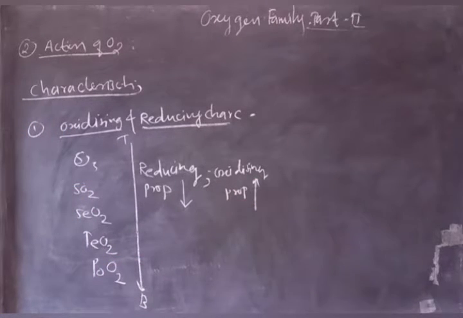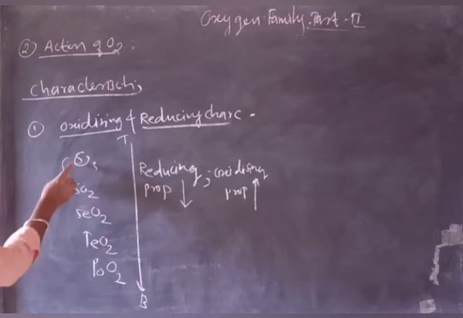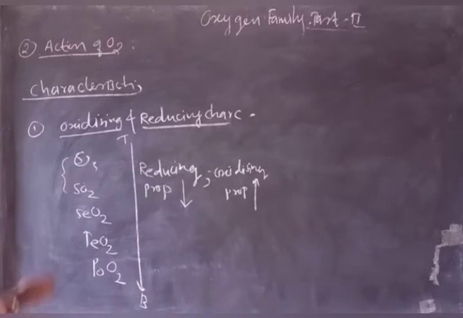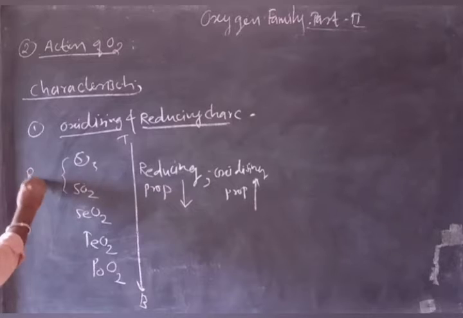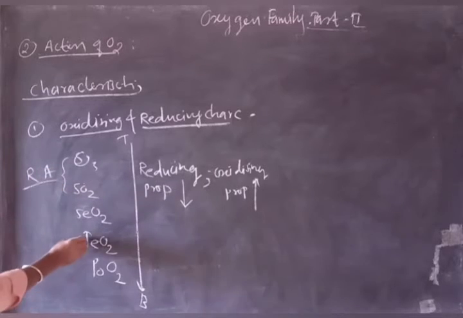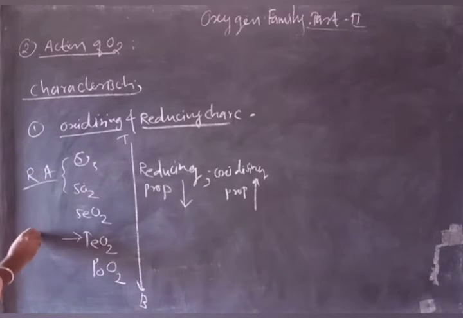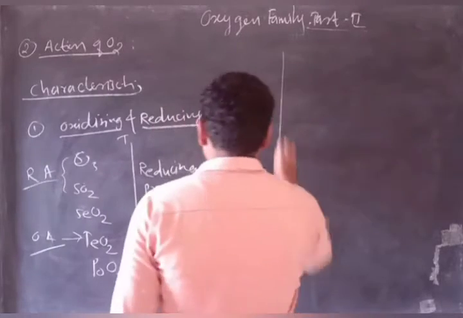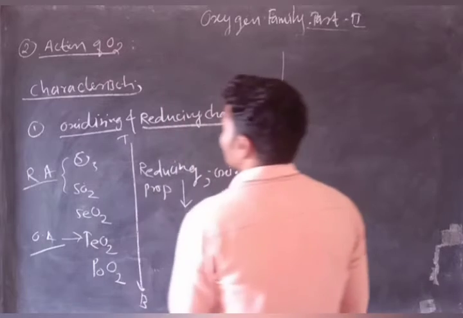So we can say that ozone and sulfur dioxide act as reducing agents, and tellurium oxide can act as an oxidizing agent.